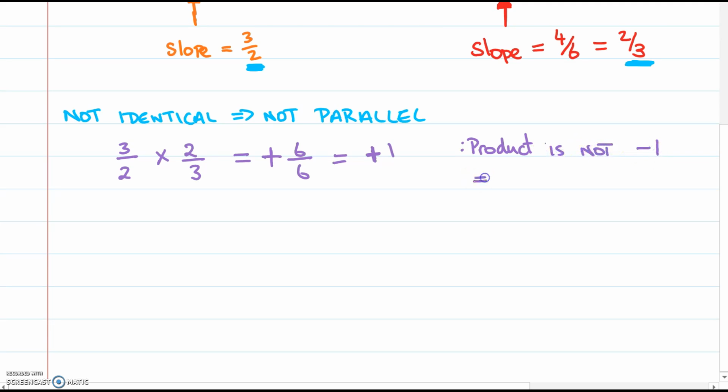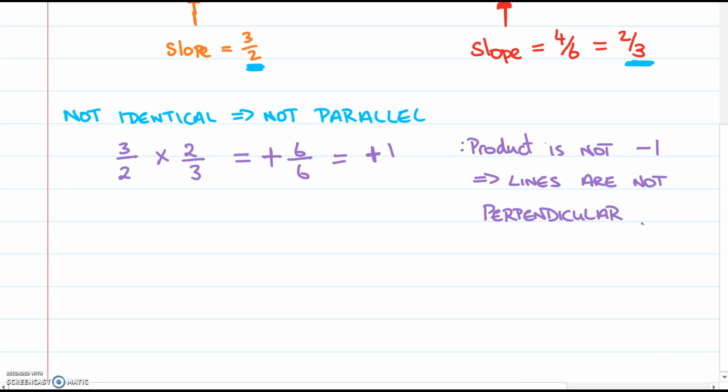So these lines are not parallel and are not perpendicular. Multiplying the slopes is the test for perpendicularity. If they multiply and give you minus 1, then the lines are perpendicular. But since we got plus 1, they are not perpendicular. Perpendicular means right angles, and they don't meet at a right angle.